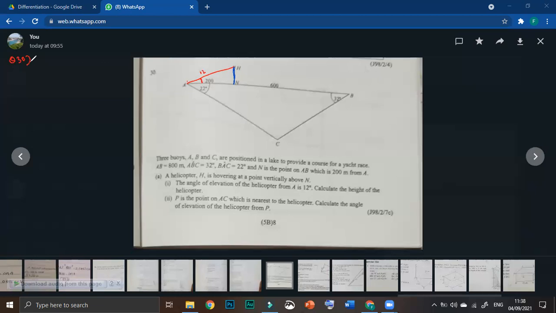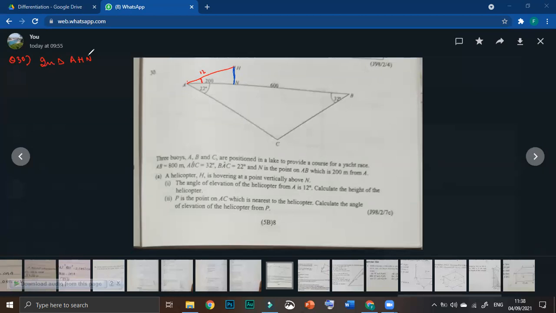A, H, N. Yes, A, H, N. We will use this triangle.